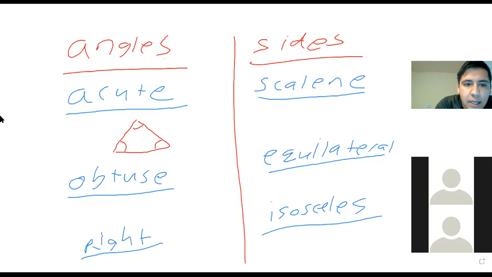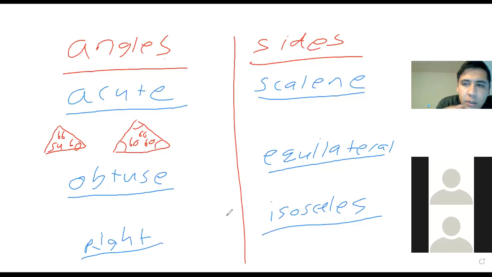We could say 60, 60, 60. And remember, all the angles inside have to equal 180. Or maybe one's 54, one's 66, and then 60. It doesn't really matter, as long as they're all smaller than 90, we have an acute triangle.